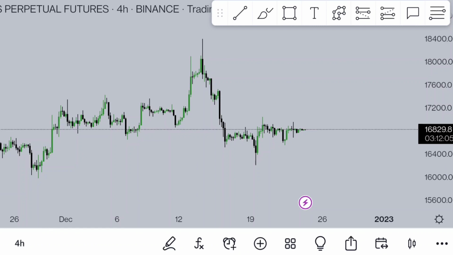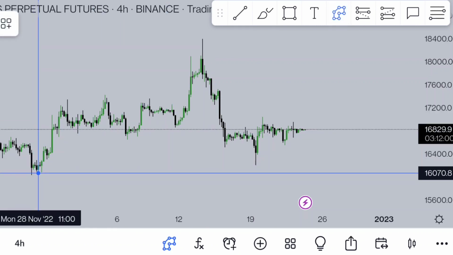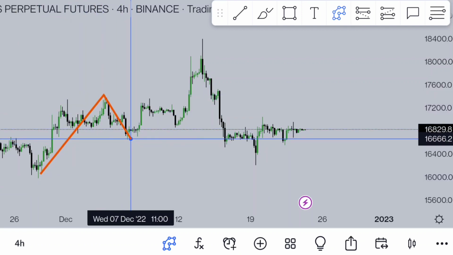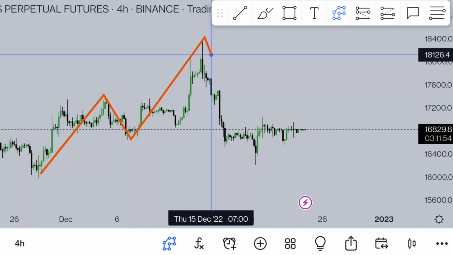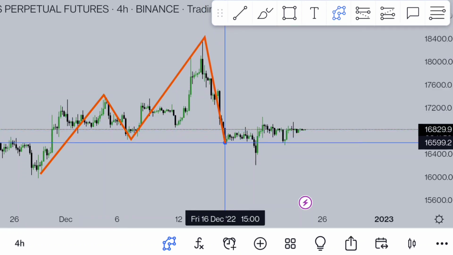Now if you want to analyze the current market with this strategy, you will shift to the 4-hour chart. See, it pumped, okay, it came down, then it pumped, and here this black candle broke the structure to the downside.